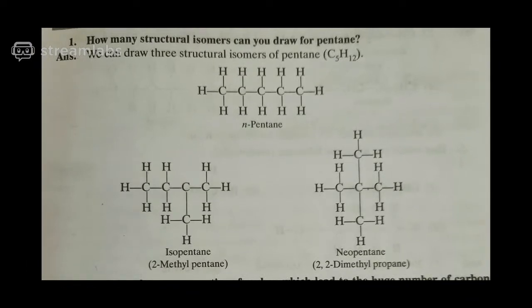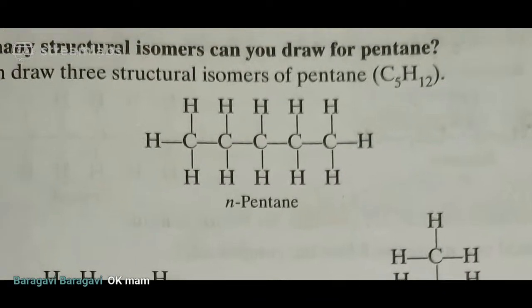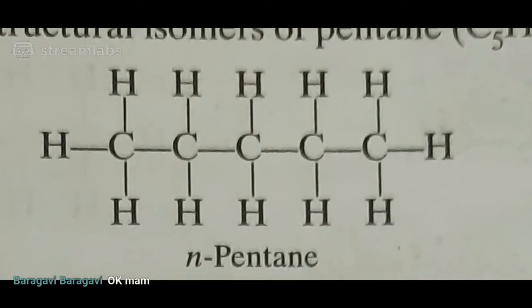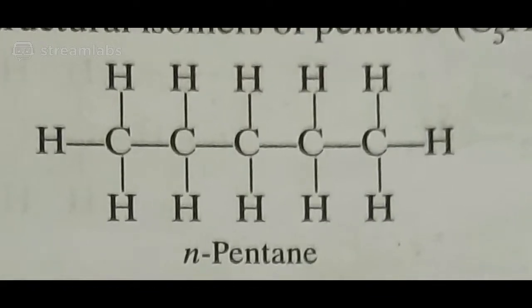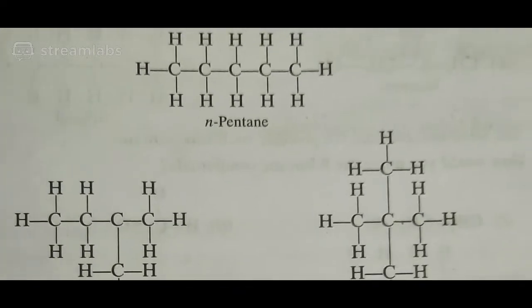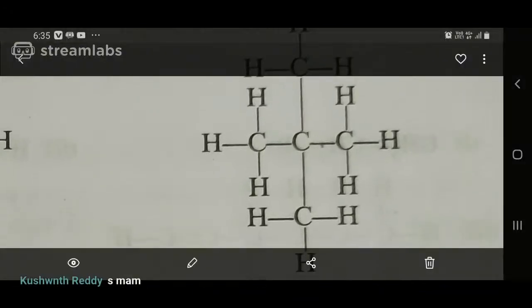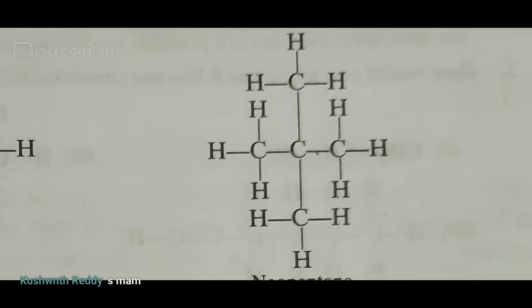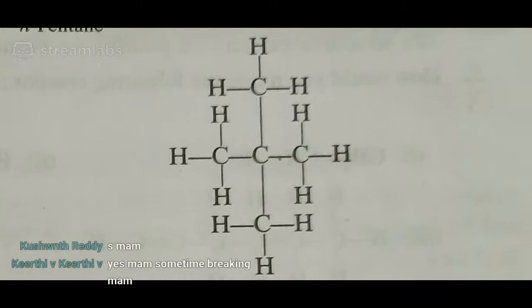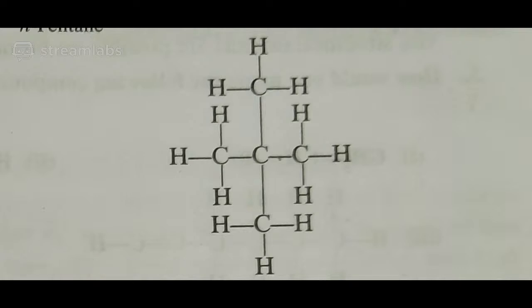We already know the compound. Write the isomers for pentane. Count the long chain pentane. You just imagine from C to C, the line should go from the center.